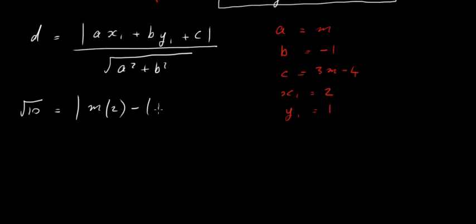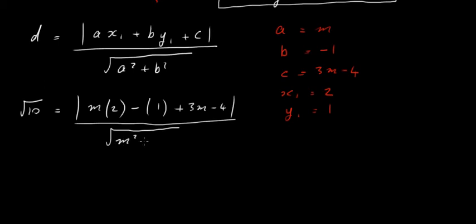So y1 is 1. That's fine. Plus c, so that's going to be plus 3m minus 4. So all of that is going to be over the square root of a squared plus b squared. Well, that's just going to be m squared plus minus 1 squared.